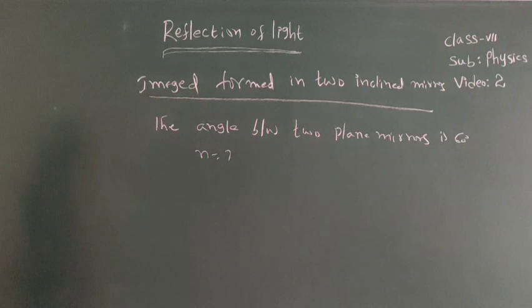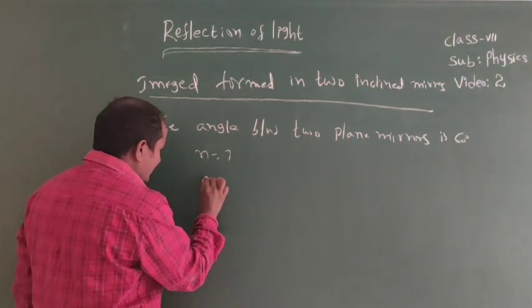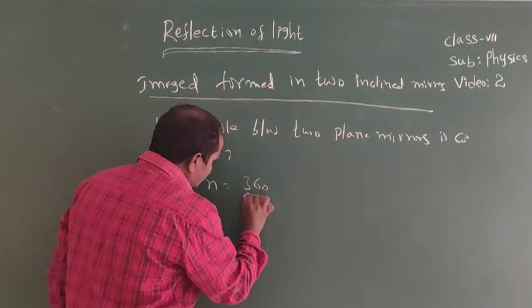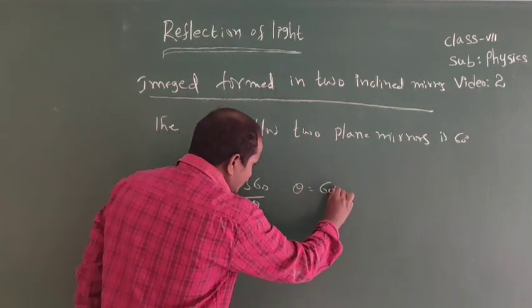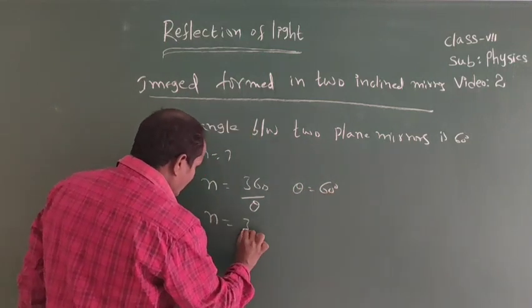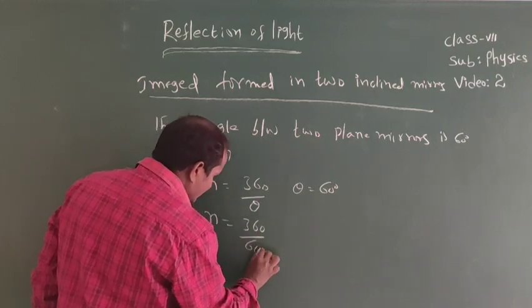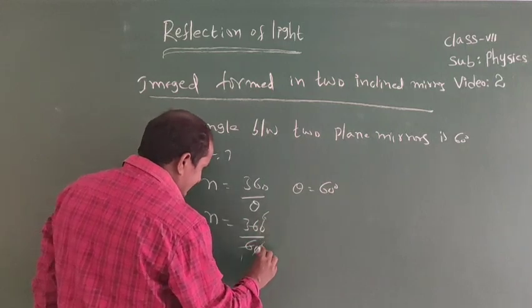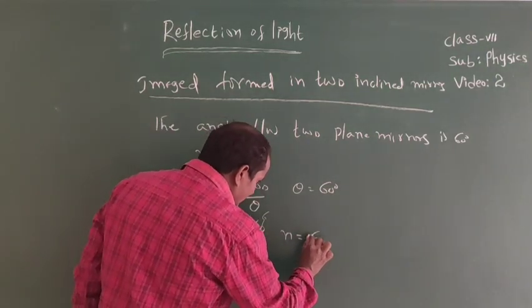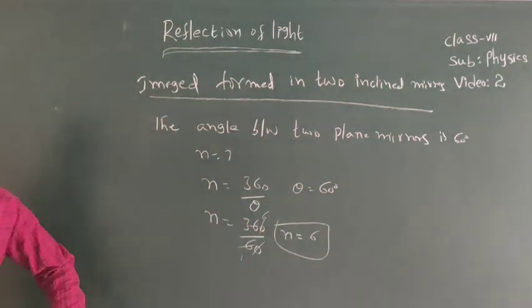Find the number of images. Here n equals 360 by theta. Theta is 60 degrees. Therefore n equals 360 by 60. The zeros get cancelled, 6 ones are 6. So n equals 6. It is an even number.